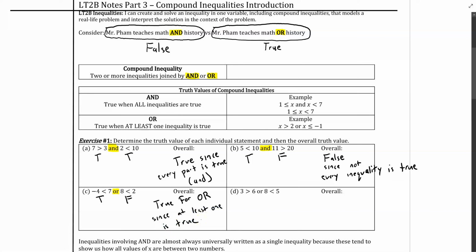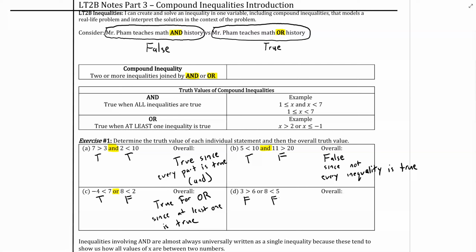Part D, 3 is greater than 6. Well, that's false. And then 8 less than 5. That's also false. So we have false or false. Now remember, by definition, or requires at least one of them to be true.